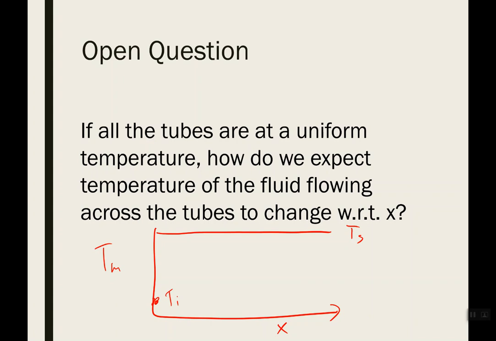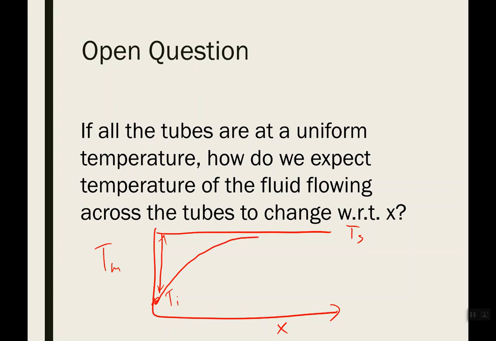Do you think it'll be linear? Okay, great. So it's actually going to increase, assuming that our surface temperature is constant. Right at the beginning, our temperature driving force is the greatest, so our flux is going to be highest right there, which means our temperature is going to increase the fastest.